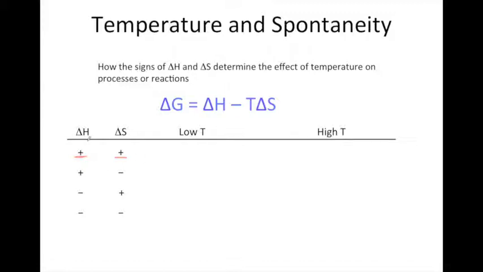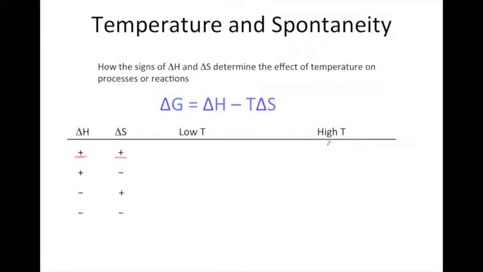Pause the video and see if you can fill in this table for each of these conditions: positive delta H, positive delta S, positive delta H, negative delta S. See what you think. And again, these are general statements. We can't say for certain, but fill in the table with what you think is the most likely outcome. Pause the video and give it a try.